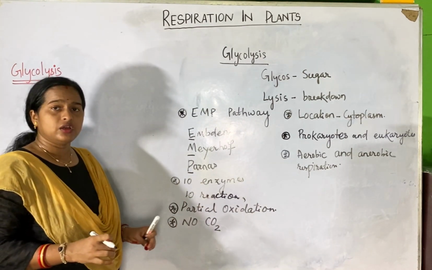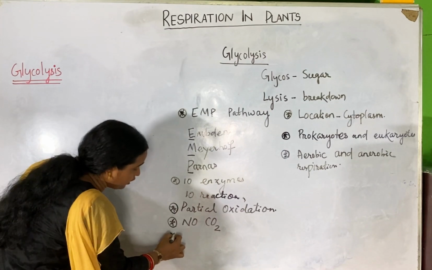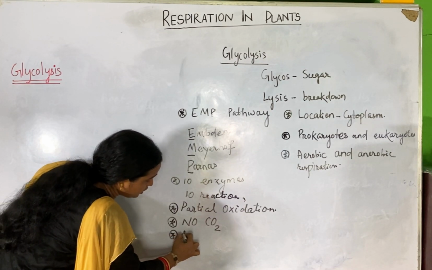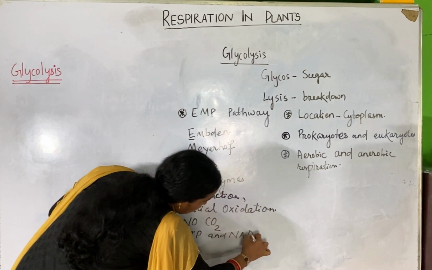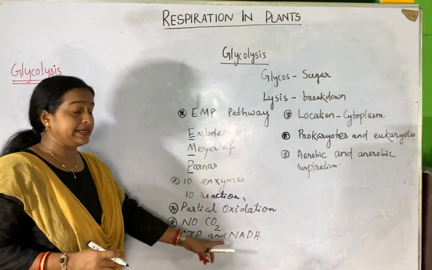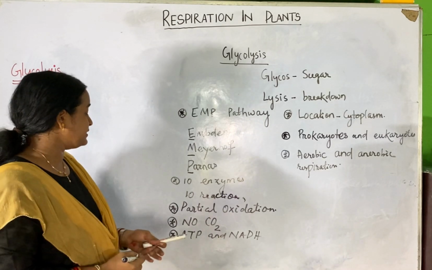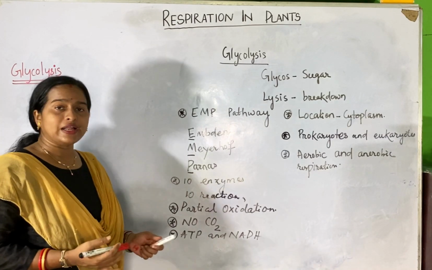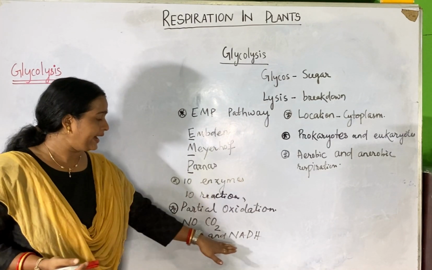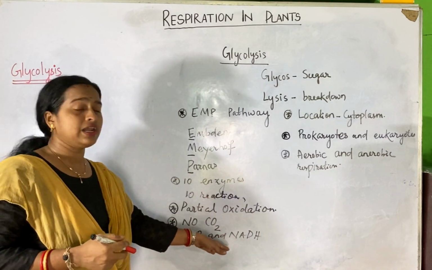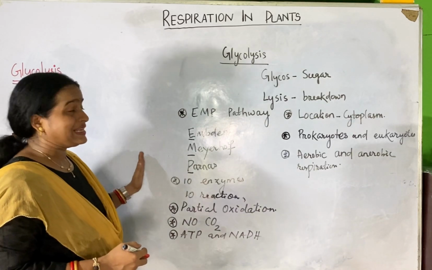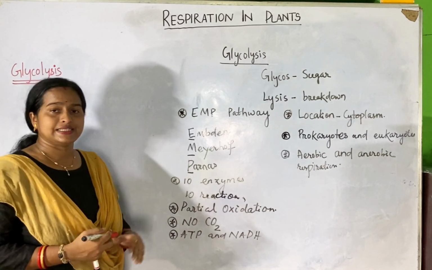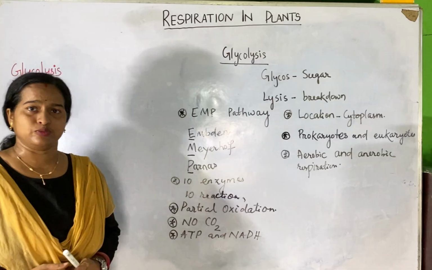And there is the release of both ATP and NADH. ATP you can say is the energy currency, and NADH you will study how we convert to ATP. So these are the basics of glycolysis. So let's study the glycolysis process in detail.